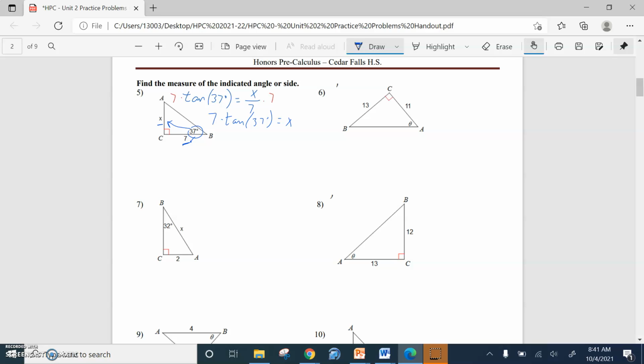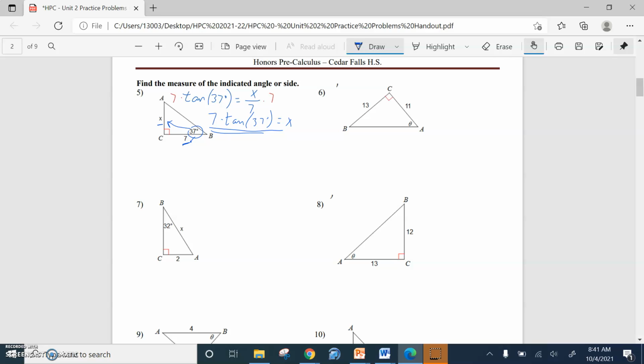At this point, I do need you to give me an approximate value. I've had students ask, and it's a valid question. In problems 1 to 4, I stressed exact. Do not leave square roots in there. This, on the other hand, if I type in 7 times tangent of 37 degrees, I will get a decimal approximation, but I do not want you to leave your answer as 7 times tangent 37 and box it in, at least not at this point.